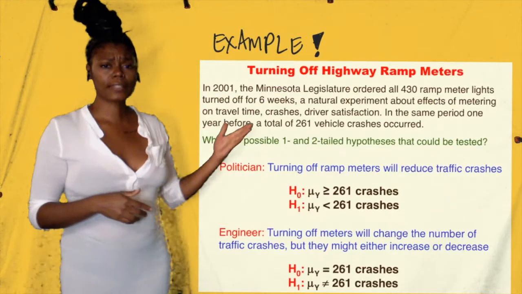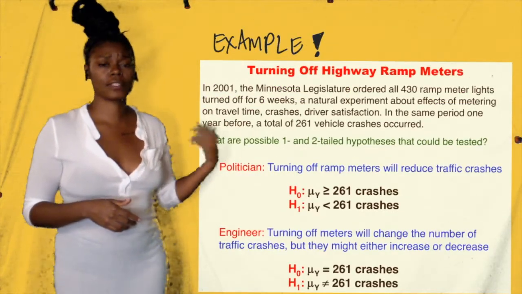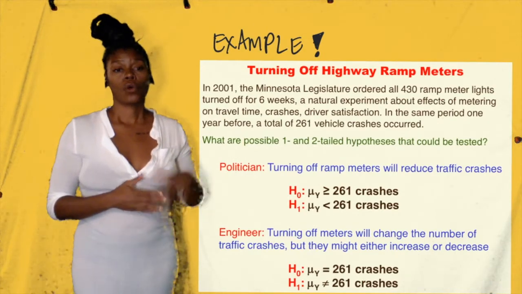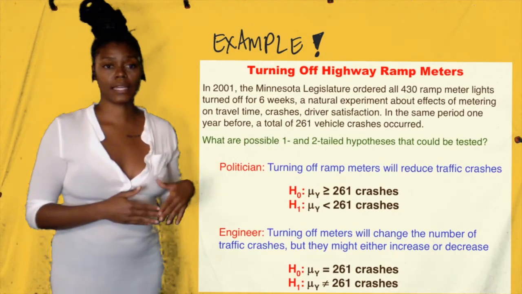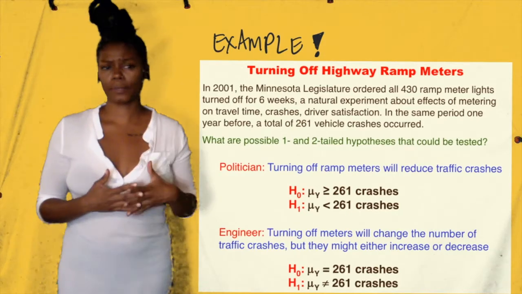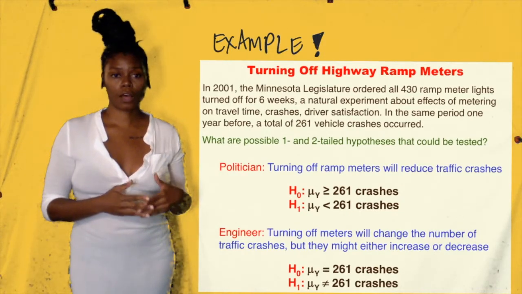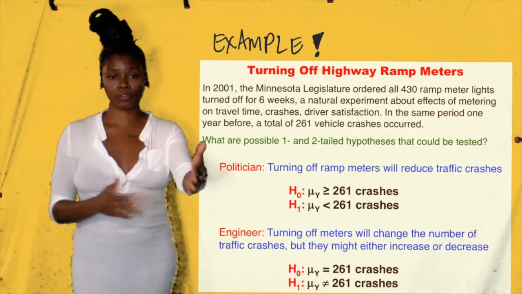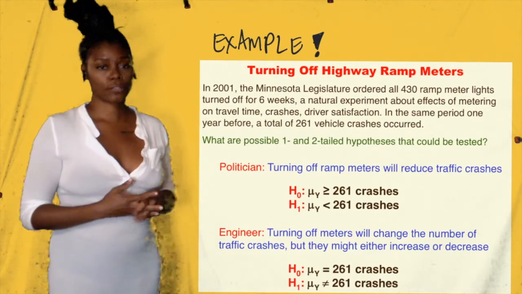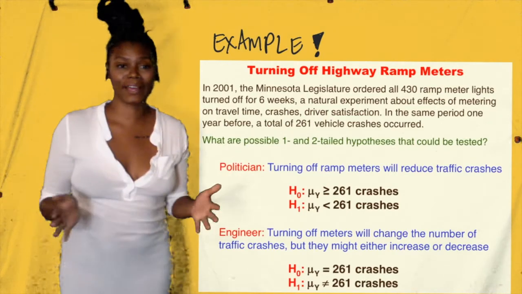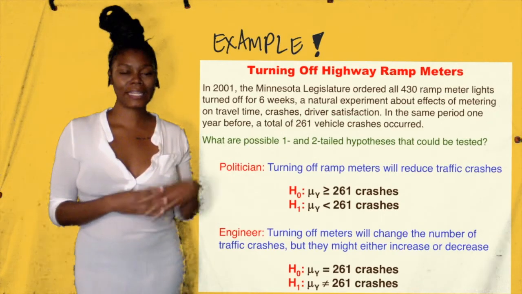Okay, let's look at this example of a hypothesis test about the usefulness of ramp meter lights in Minneapolis. We have these in Pennsylvania too. They're meant to keep the flow of traffic on the freeway moving as people are merging on, especially during rush hour, which we don't really have right now because of COVID-19.